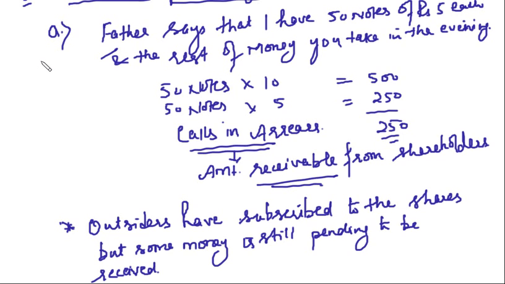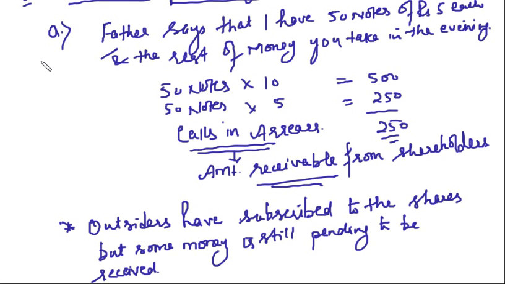But your father paid you 50 notes of rupees 5. Your face value is still 10. Face value of your share is 10. You have to receive 500 rupees. But right now you have received 250 rupees. Your balance is 250. That is what we call calls in arrears. It means we have called that amount, we have asked for that amount, but we have not received.